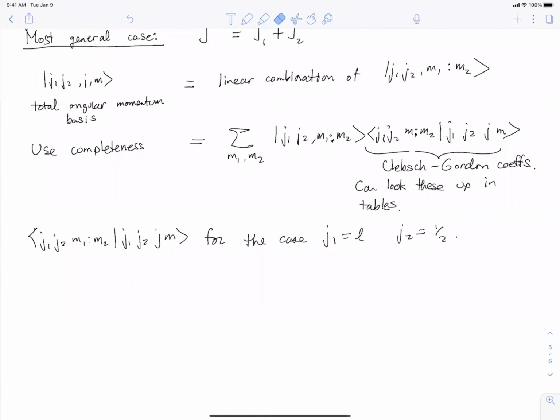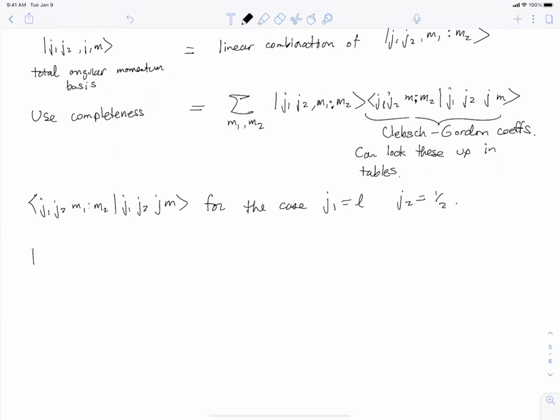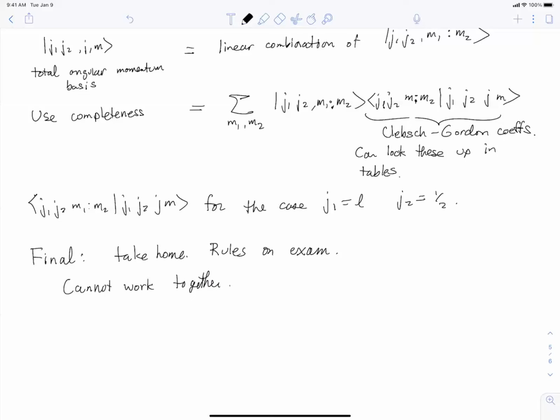Okay, so the final is going to be handed out within seconds. It's going to be a take-home. There are rules associated with it that are on the final exam itself. Okay, you cannot work together. You are on your honor to not work together. You're also on your honor not to use websites like Chegg.